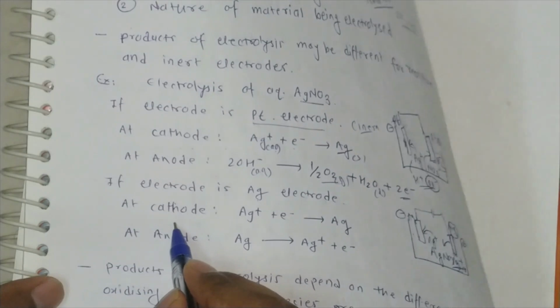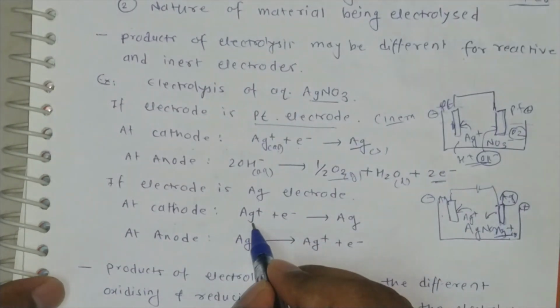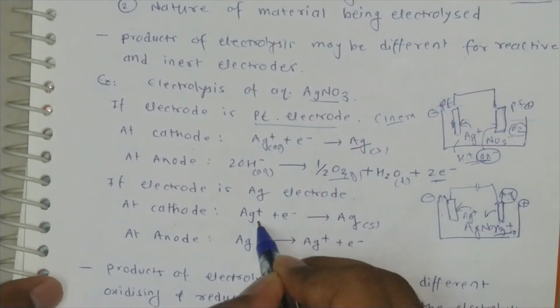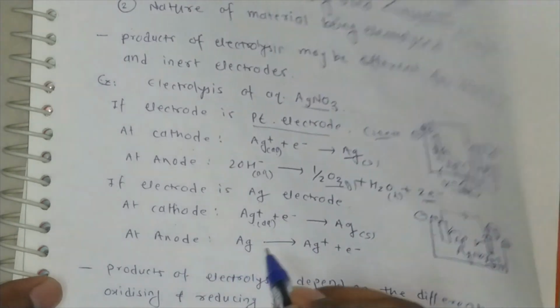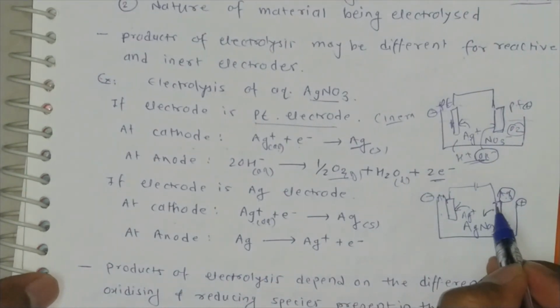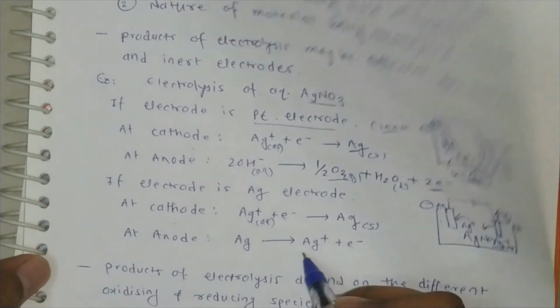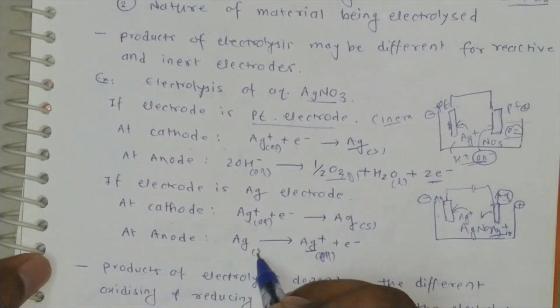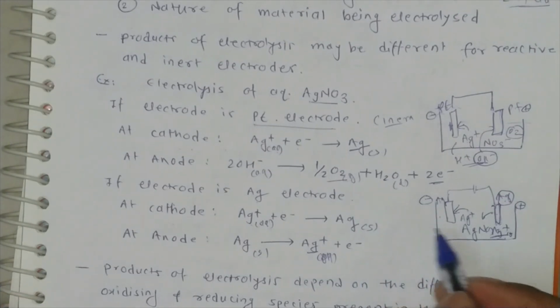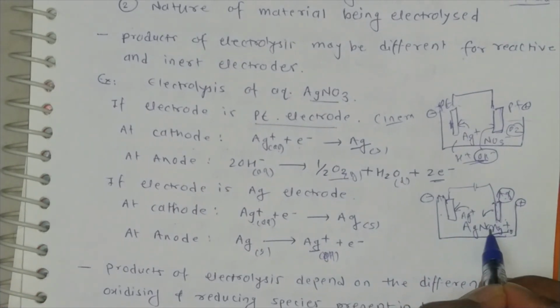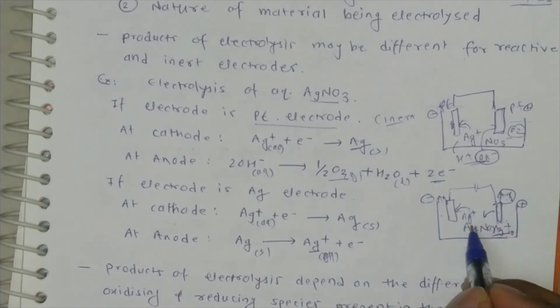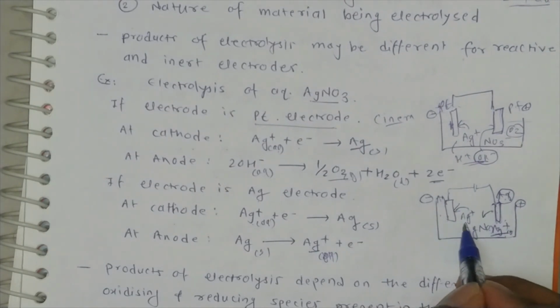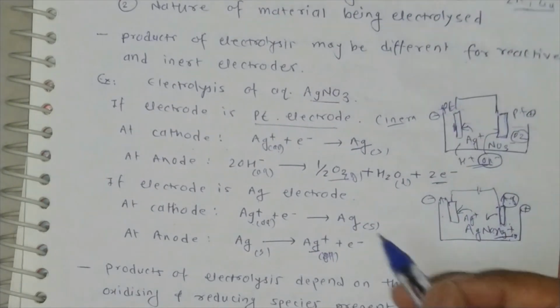At the cathode, silver ion gets converted into silver solid, and at the anode, silver from the electrode is converted into silver ion. So here at the anode solid is converted into aqueous ion, and at the cathode aqueous ion is converted into solid. See the products.